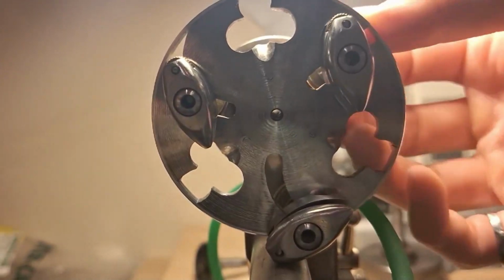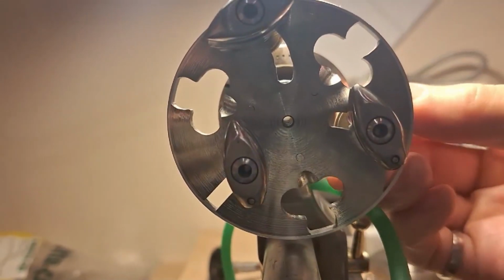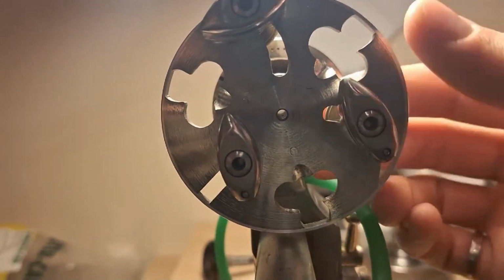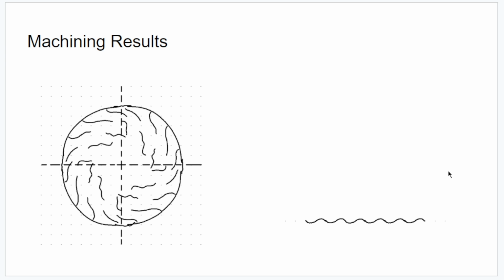So yeah, it's rotating about the axis, and these jaws move up and down across the surface so that you can hold onto workpieces that are different sizes. So when I first machined it, I got chatter, or waviness on the surface, which is a periodic form error, but it's on a smaller scale, and not quite roughness.